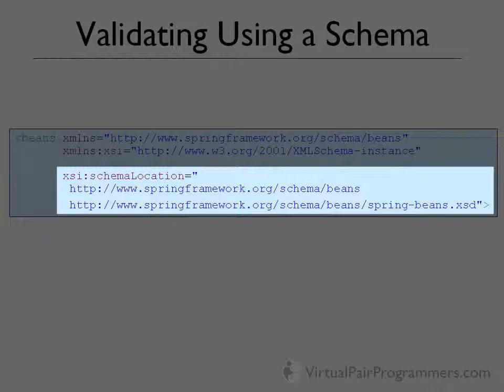There's two elements here. Here is the same string that appeared at the top, and the second string is the actual name of the file, the so-called XSD. And this file, a bit like the DTD, will be inside one of the Spring jar files.